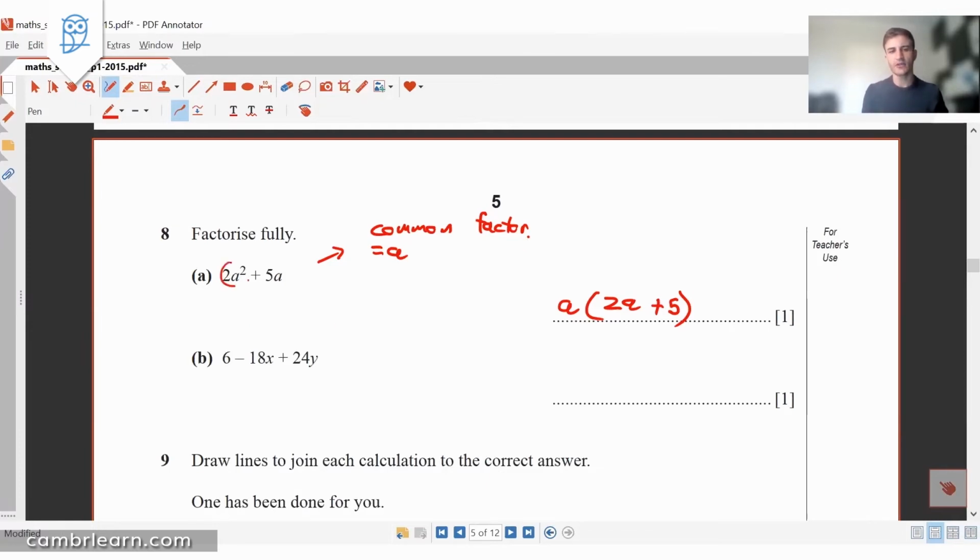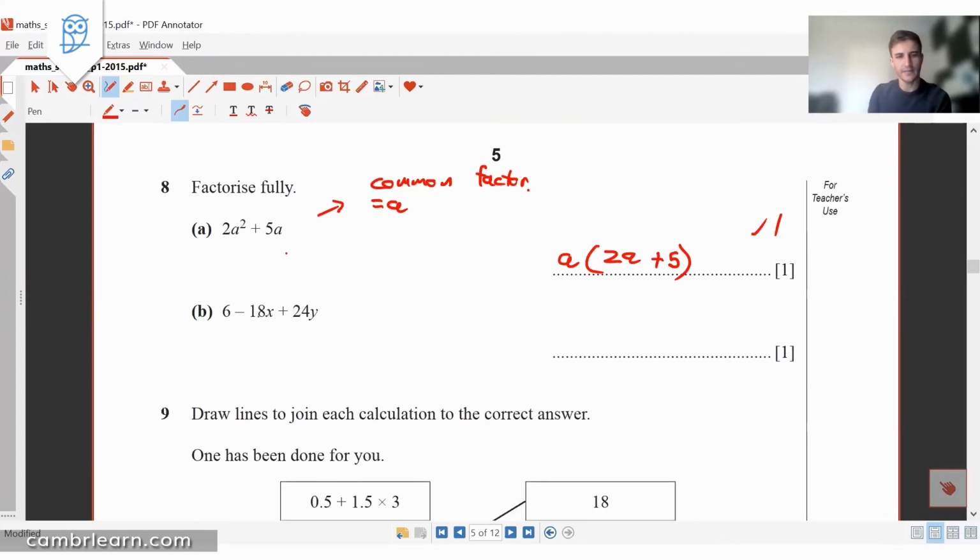We're technically dividing by a, and we're taking this a out. If we distribute this a back into the brackets, we will get back to my original term. That one was easy. We take out an a, what's left is 2a plus 5.